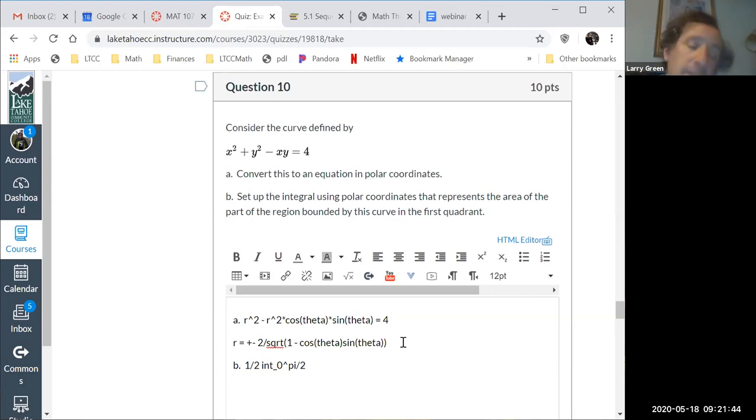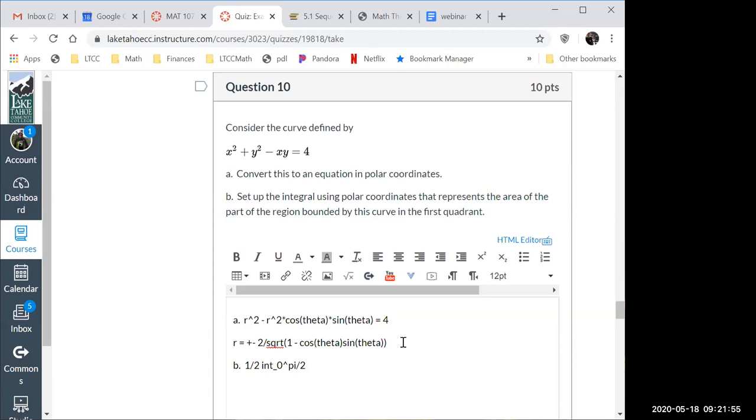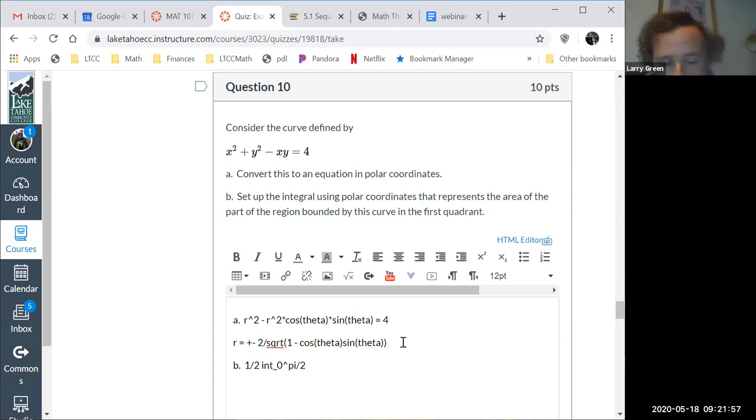And then what's the integrand, once you pull the 1/2 out? R squared d theta. Yeah, it's r squared. And r squared is going to be 4 over, and let me just copy all this. The square root goes away, which is a nice thing. d theta.